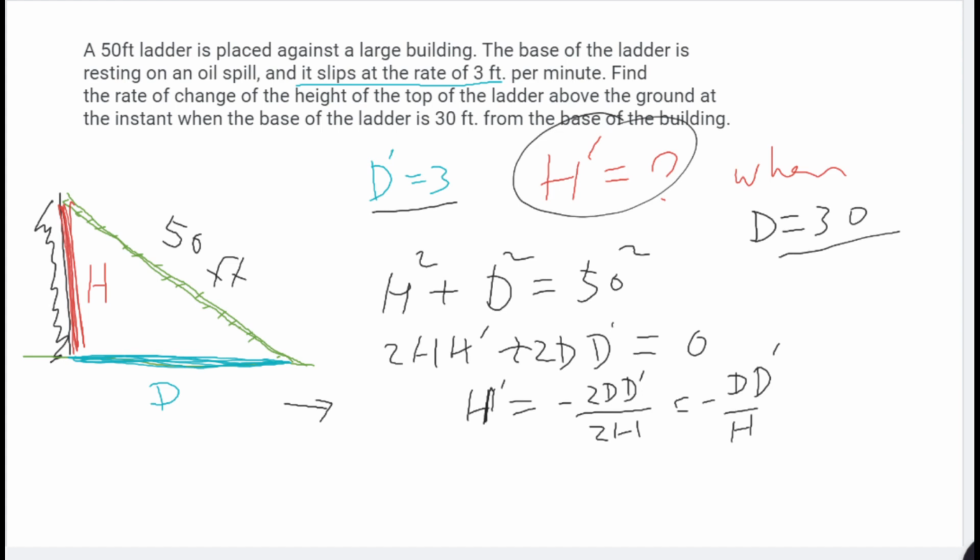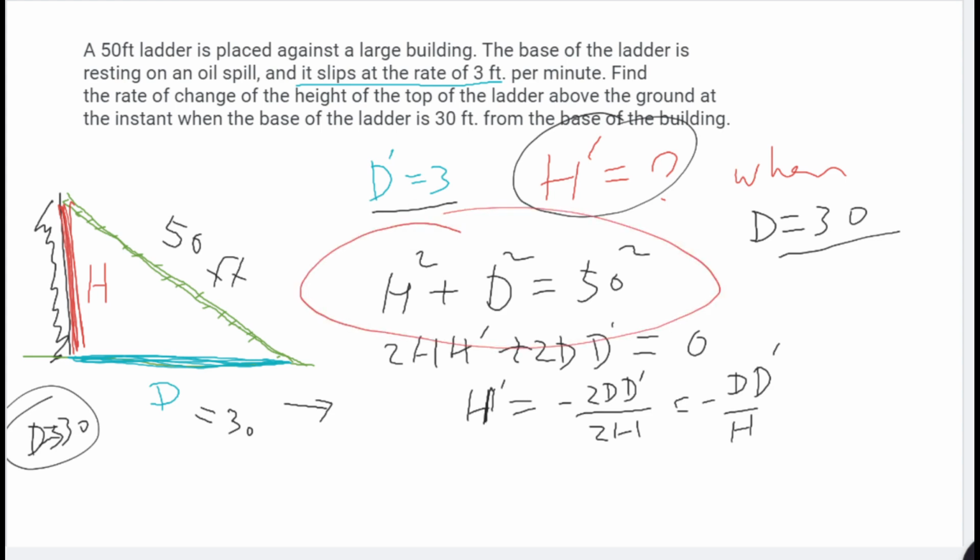So basically we need to find out what H is when D is 30. Now the hypotenuse is always 50. So here again, we're going to use the Pythagorean theorem. The equation we already established here. So plug in 30 for D, then we can find out at this moment the value of H.